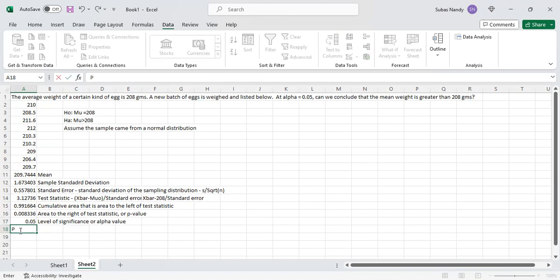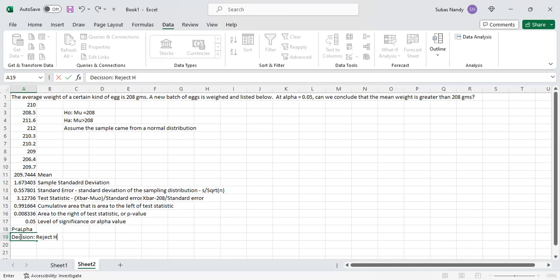P is less than alpha, because P is the area to the right of the test statistic, which is 0.008. Okay, so P is less than alpha. So the decision is reject H0.